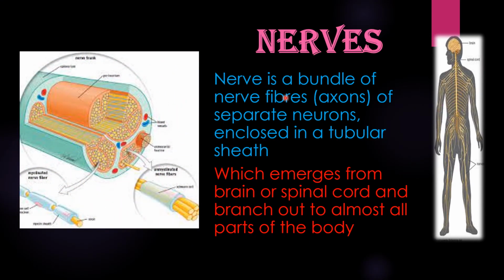What is a nerve? Nerve is a bundle of nerve fibers of separate neurons enclosed in a tubular sheath. Here you can see so many nerve fibers.